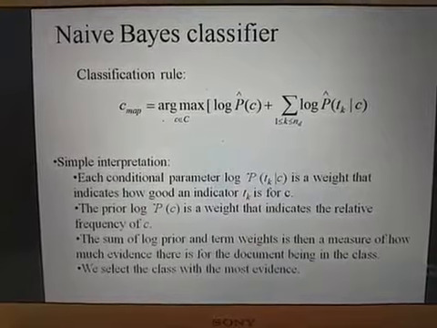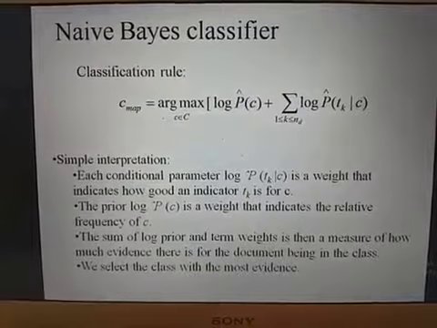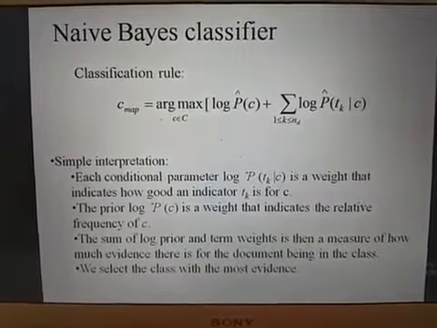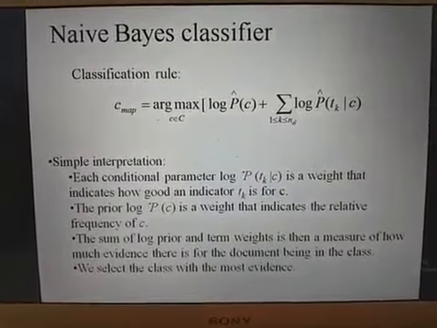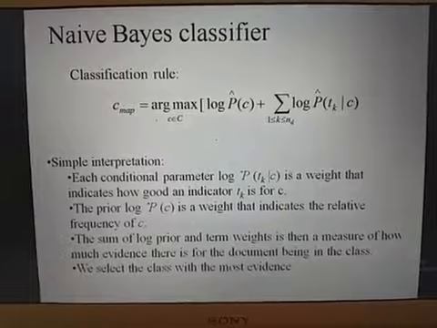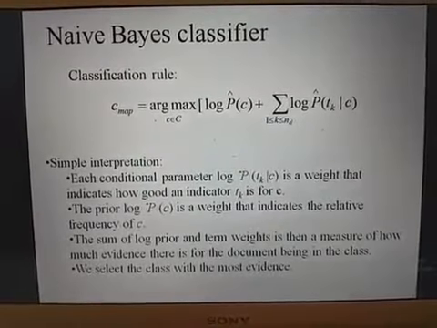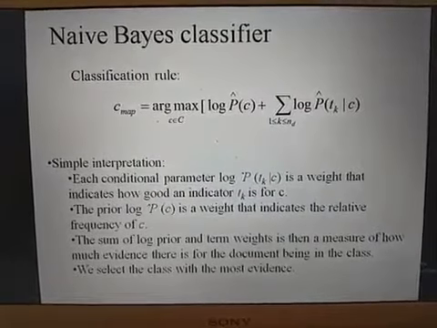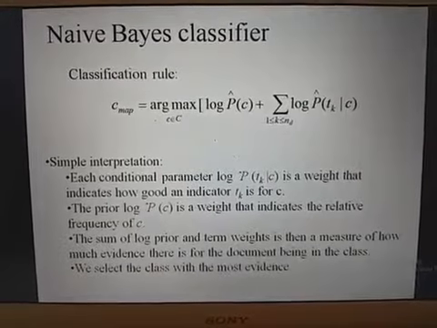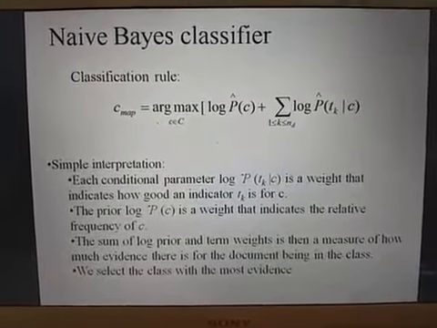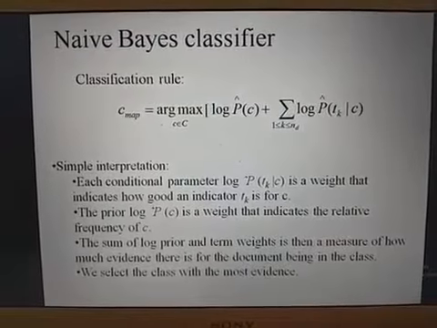The log of the prior probability of C is a weight that indicates the relative frequency of C. The sum of the log prior and the term weights is a measure of how much evidence there is for the document being in the class. So we then select the class with the most evidence.